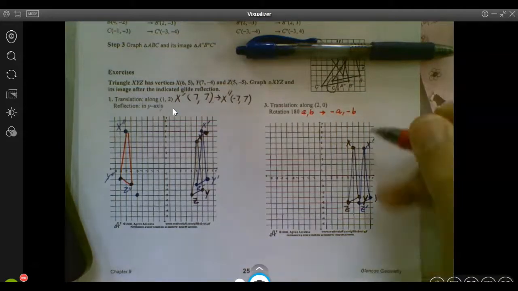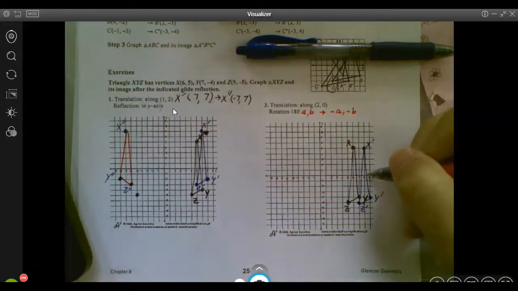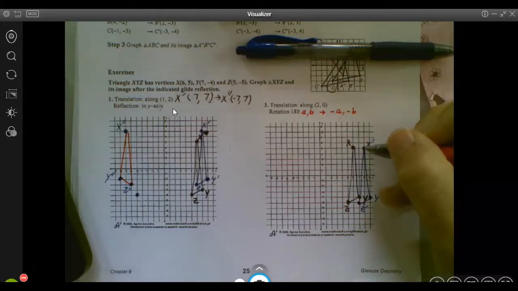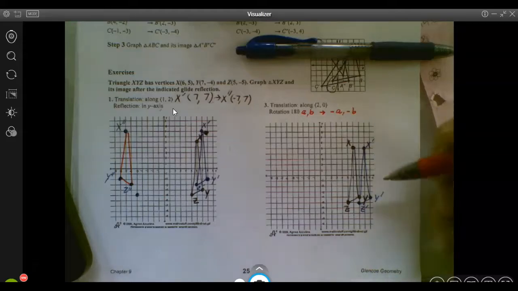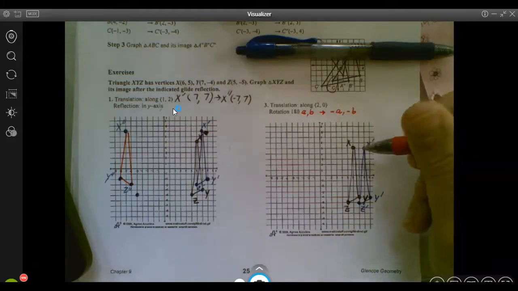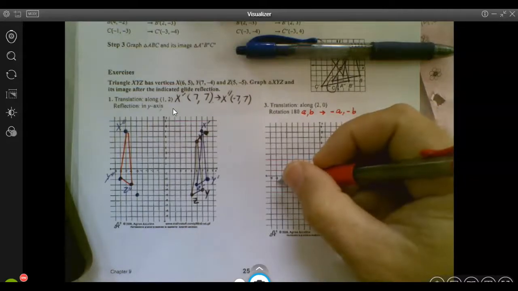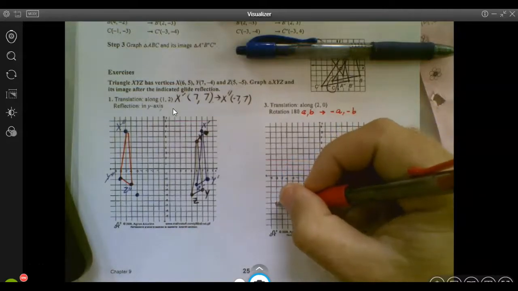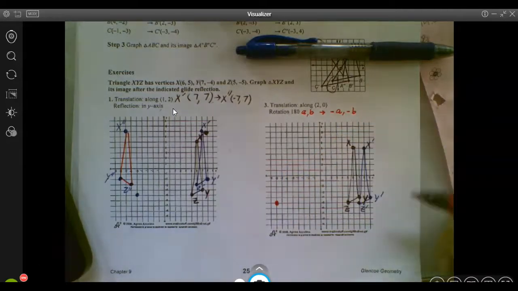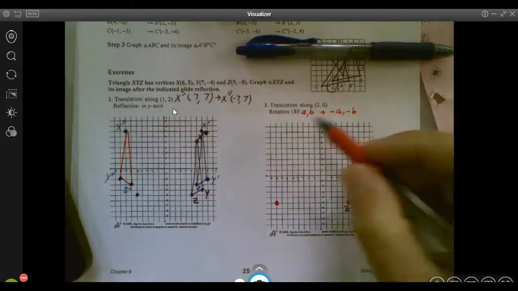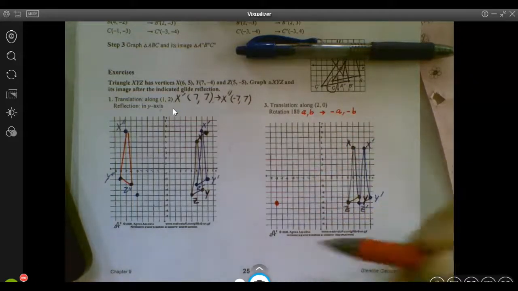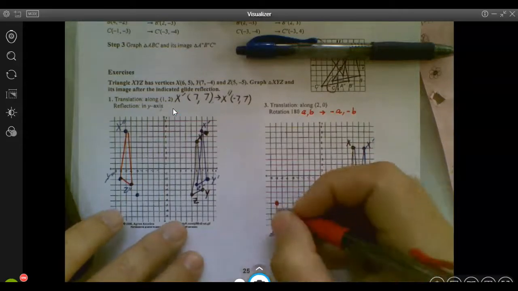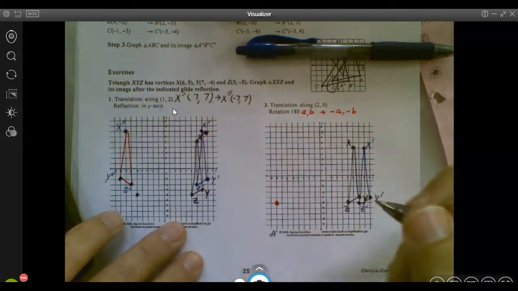So if I were to take a point like x, which is currently at 8, 5, so 8, 5 is going to become negative 8, negative 5. So I'm going to go negative 8, negative 5. And so for those guys, for the rotations, I really recommend just applying the rule because it can be tough to do that rotation visually. So my x double prime should finish off here.